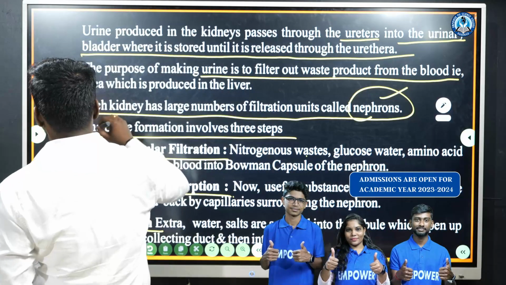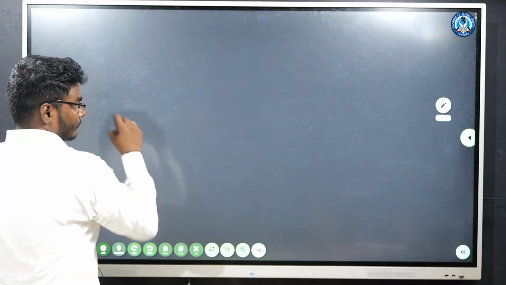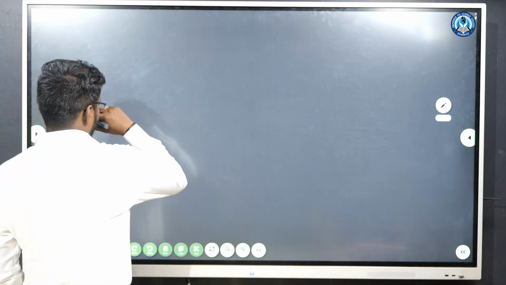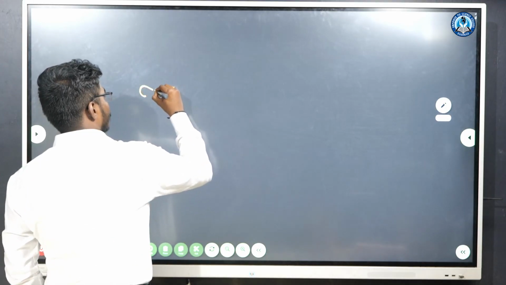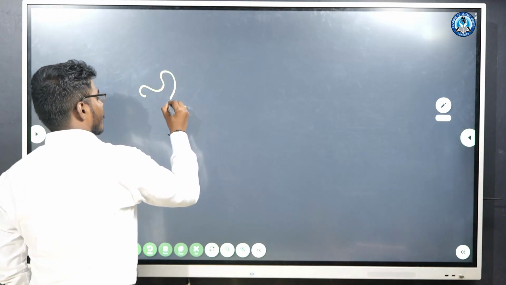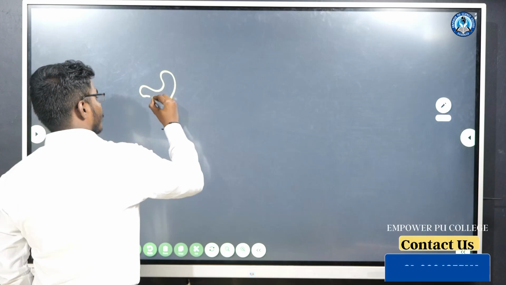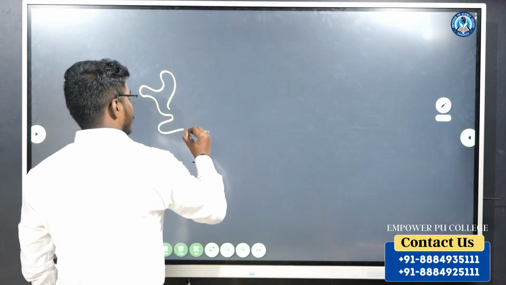So you might have seen the Bowman's capsule. This is the Bowman's capsule.